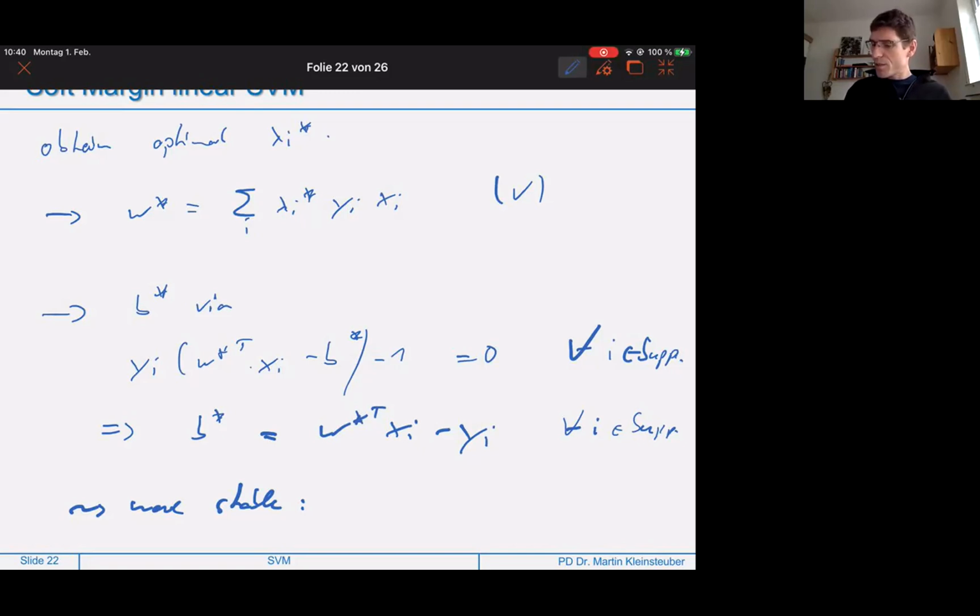So you define your B star, the offset of your hyperplane, by averaging: 1 over the number of support vectors that you have, that actually fulfill the constraints, and then you sum up over all I in this support of W star transpose xi minus yi.